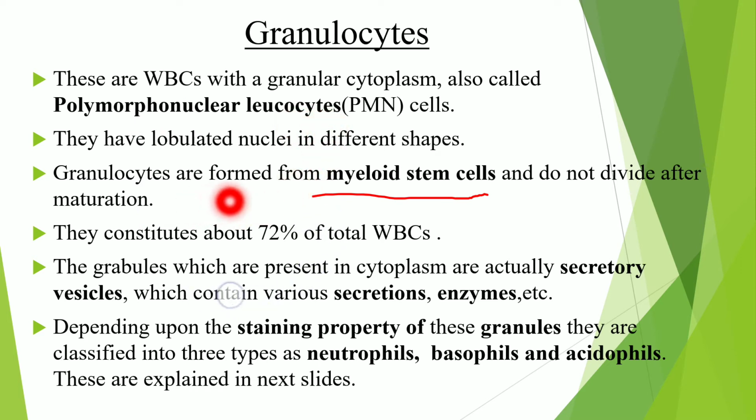So granulocytes are formed from myeloid stem cells and they do not divide after maturation.